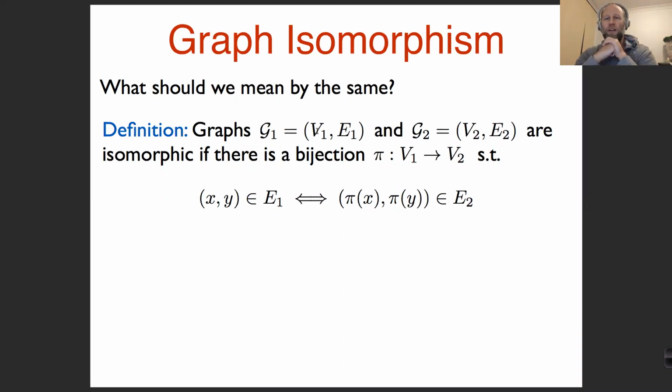And we want this bijection to have the property that two vertices, x and y, in G1 form an edge in G1 if and only if their image under this bijection, pi of x and pi of y, form an edge in the second graph, G2. That's the definition of when two graphs are isomorphic.